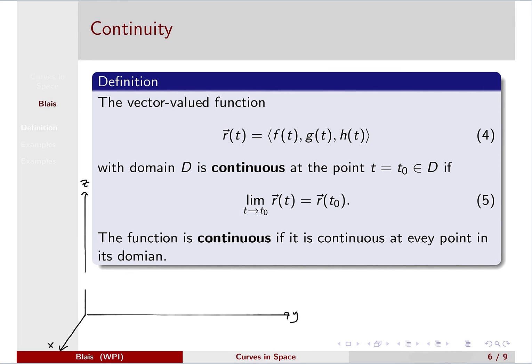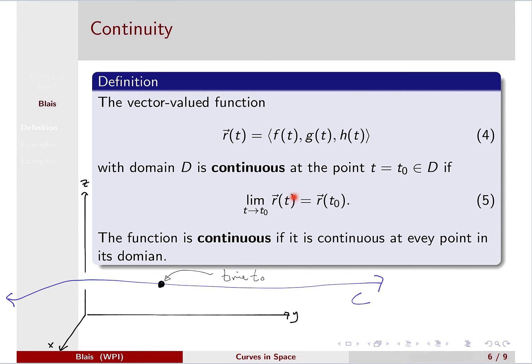So let's come back to the picture, and we see that this again is an extension of our understanding of the concept of continuity from single variable calculus, where if we are again at a point at time t naught, then the function is going to be continuous if the limit from the left and the limit from the right match.